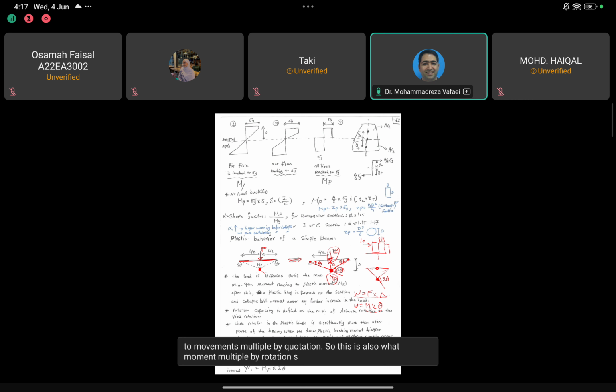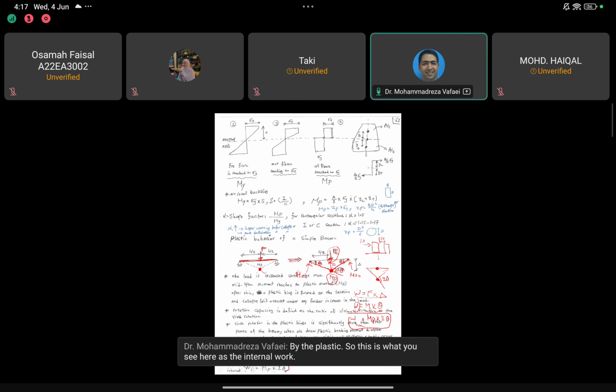Since the bending moment here and here, M equals to 0, because they are pin support, that means there is no work done at these two locations. But in the middle, when we have plastic hinge, our bending moment has reached MP, and our rotation equals to 2 theta. So we have MP multiplied by 2 theta as the internal work that is done by the plastic hinge. So this is what you see here as the internal work.